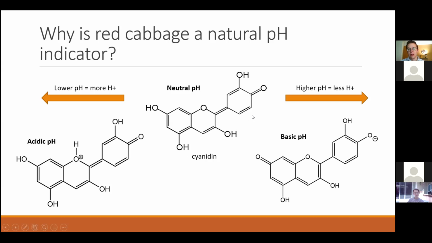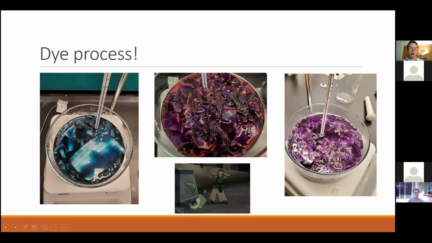And when we raise the pH and decrease the concentration of protons, we end up removing a proton from the molecule, which results in an overall negative charge on the molecule because we now have more electrons than protons. So these are just fun pictures, but they also illustrate exactly what I was just talking about.